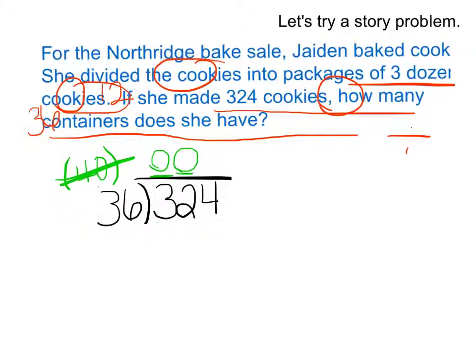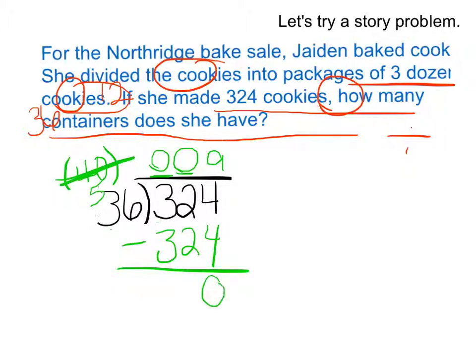So I'm going to try 9. 9 times 6 is 54. 9 times 3 is 27. Plus 5 is 32. Subtract 0, 0, 0. I have nothing to bring down. 0 is less than 36 when I check, so my answer is 9.